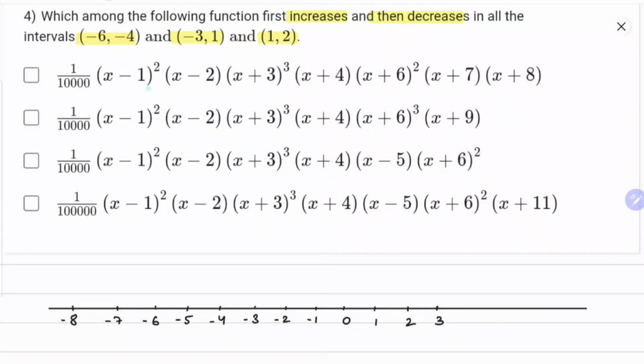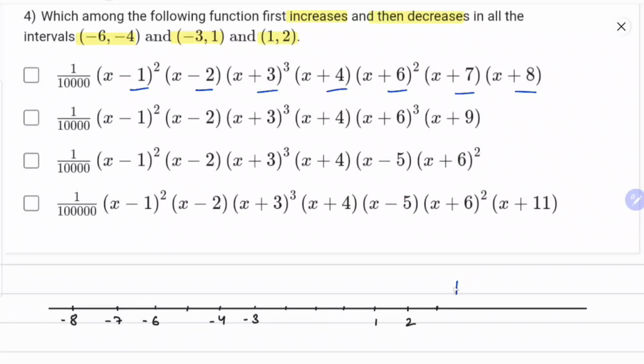So option 1 has plus 1, plus 2, minus 3, minus 4, minus 6, minus 7 and minus 8 as its roots. So let's first remove minus 5, which is not there. Firstly we can clearly see that on putting x equals 3, definitely we are going to get a positive outcome from the first option.